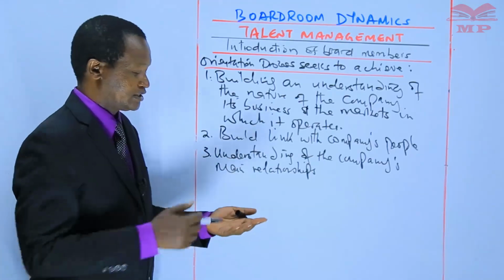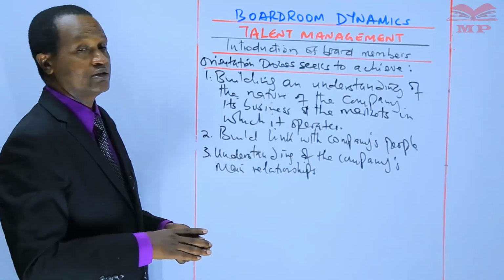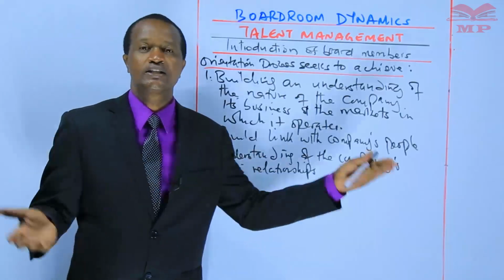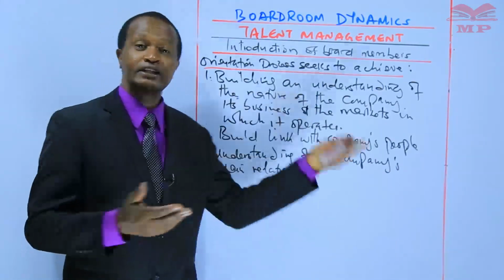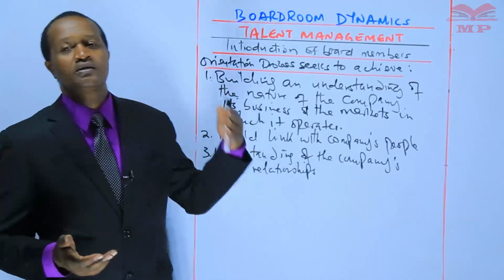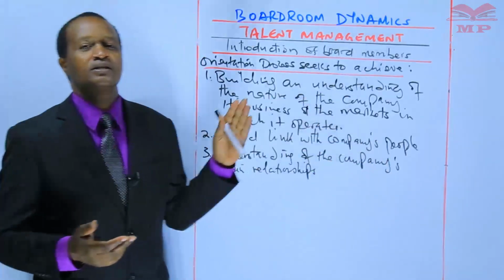Like if a company is a group, there could be associates, subsidiaries, related parties, and so on.